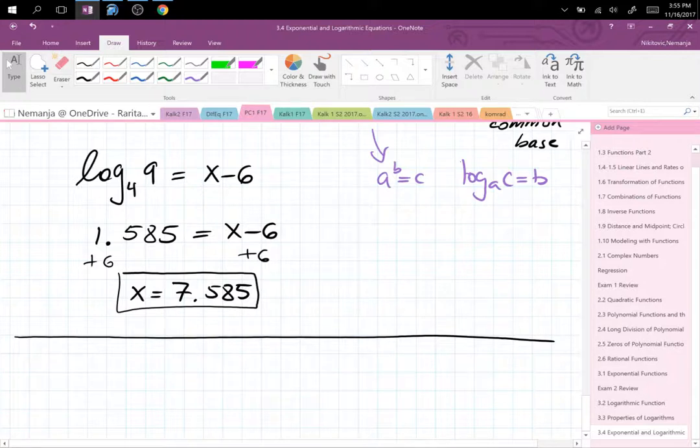Slightly more annoying version. 3 times 2 to the 2x plus 1, minus 6 is equal to 4.